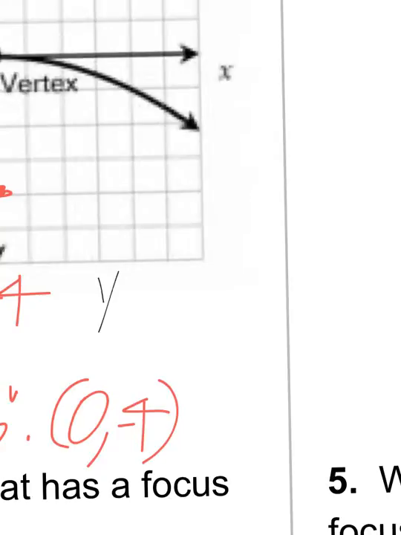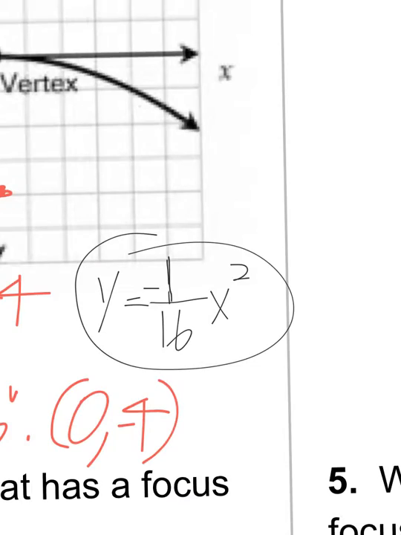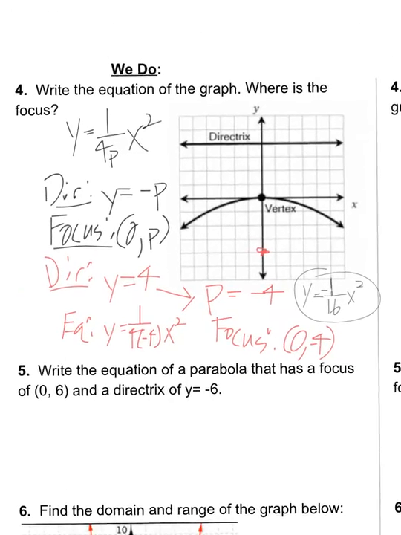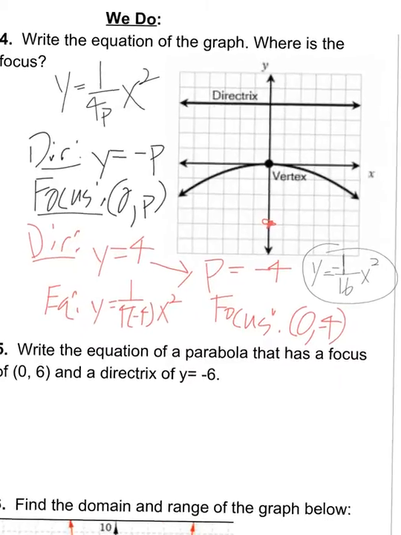So y equals, what's 4 times negative 4? That's negative 16. So I have negative 1 over 16 and throw an x squared by it, and that is your equation answer. And that is everything for number 4.